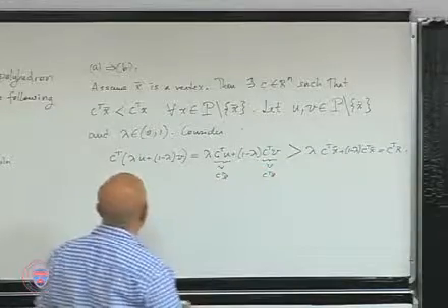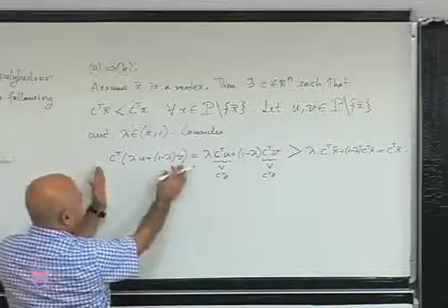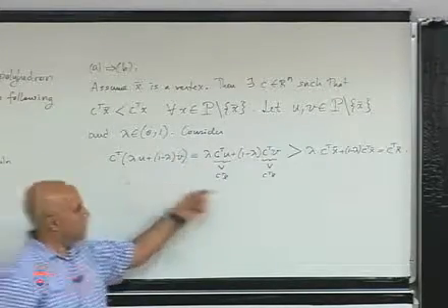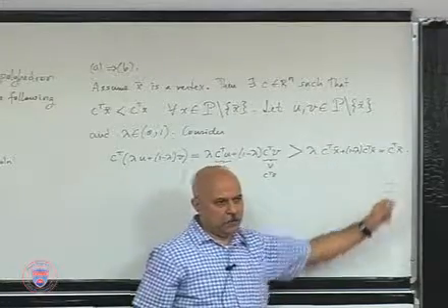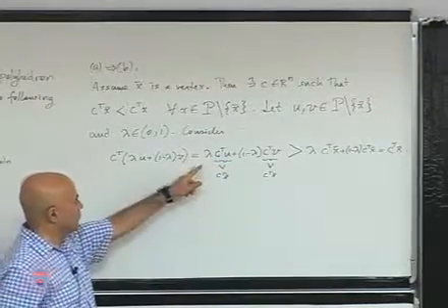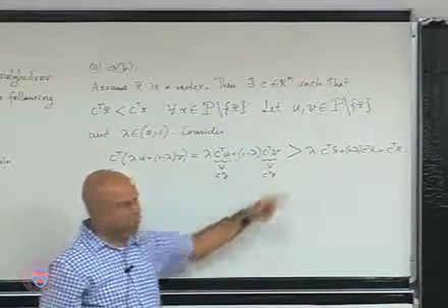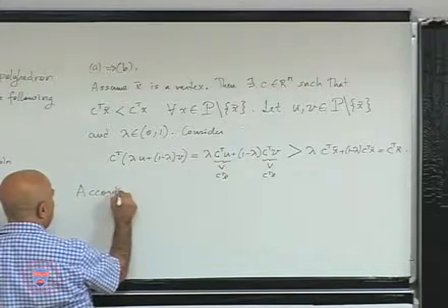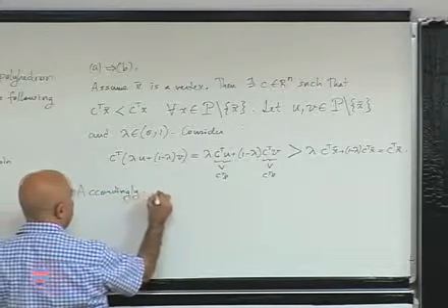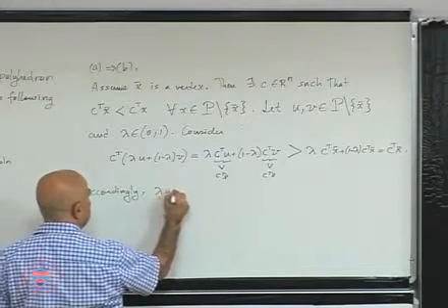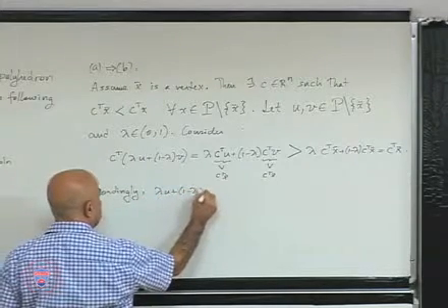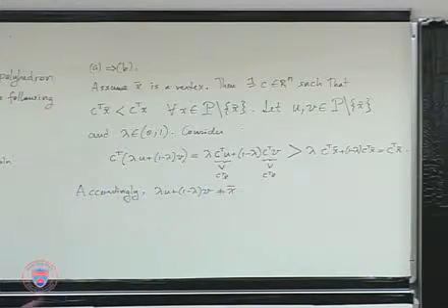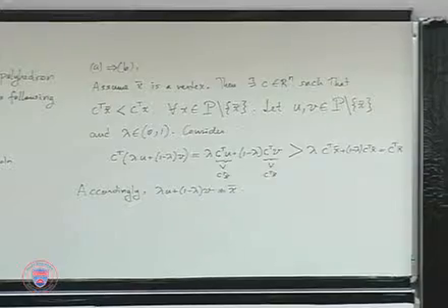So what did I show? I just showed that this stuff at the very left is strictly greater than what you've got here, because of the inequality over here. Accordingly, lambda u plus 1 minus lambda v has to be different from x bar, because you've got strict inequality.